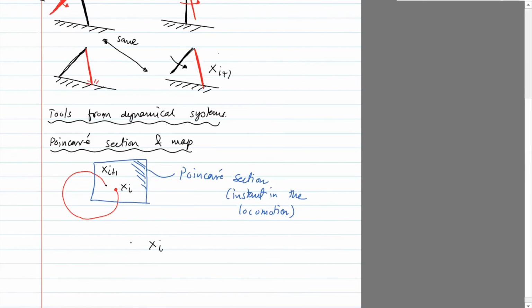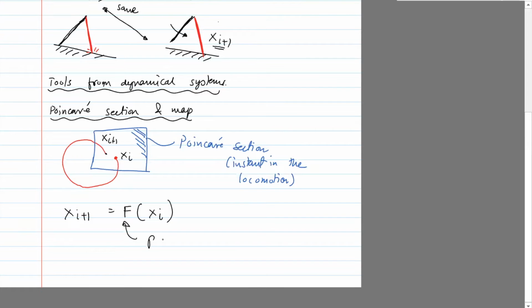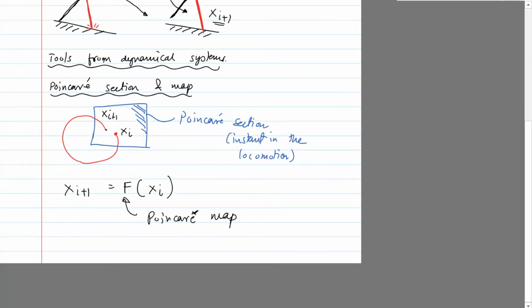Then we can find a function f such that we can use this function to describe the position of all joints after one step. So this f is known as a Poincare map. Most times it's not possible to find an analytical function f. You have to resort to numerical methods.